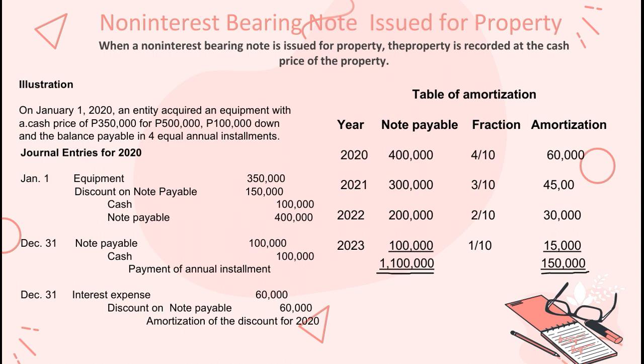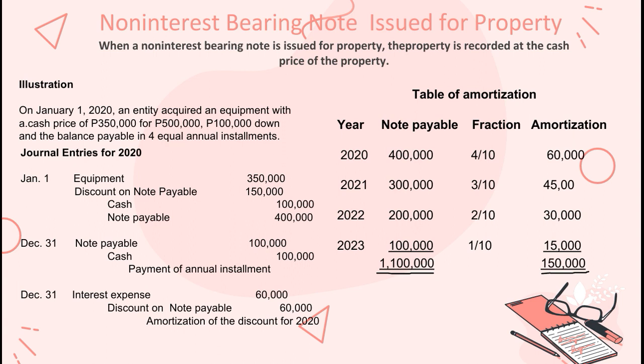Okay? Now, December 31, nag-year end na. So, kailangan nakabayad sa imong installment. So, note payable nimo nga 100,000. So, 400 is divided by 4 for equal annual installment. So, cash, nibayad naman ka, of course, you have 100,000. Payment of annual installment for 2020, December 31.